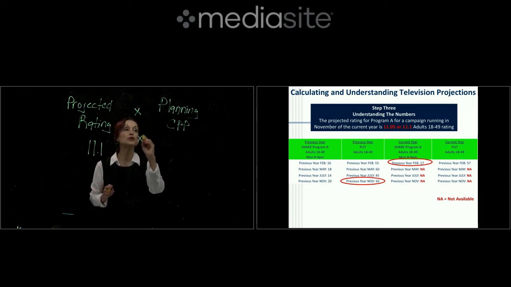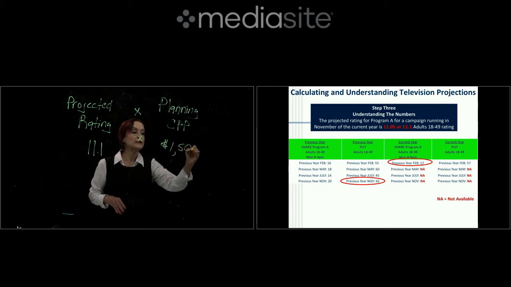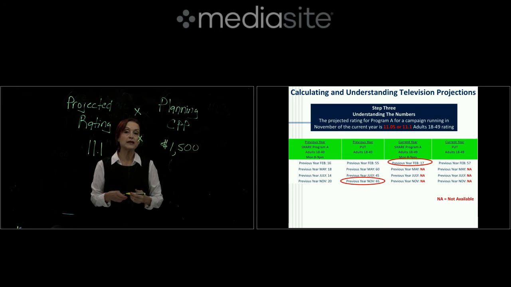So this becomes your planning cost per point, meaning that in that time that you're going to be buying, you can pay $1,500 for each rating point. And this is projected. Remember that the 1,500 is the projected cost per point, and that's relative to each market, and in this case, with data that you're given to work with.